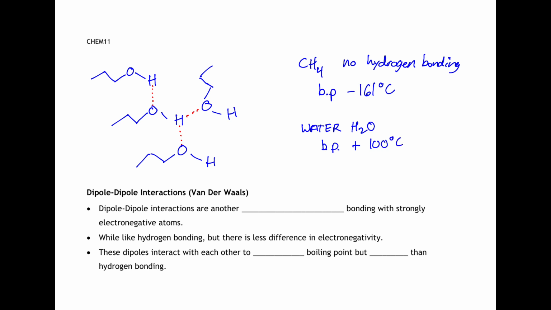It's a liquid at room temperature, and you have to heat it up to get it to the gaseous state. As far as size, that is the other thing that affects boiling points, which we'll get to at the end. These two molecules are roughly the same size. Methane has a weight of 16, water has a weight of 18. And so their differences in their boiling points are explained through the hydrogen bonding.